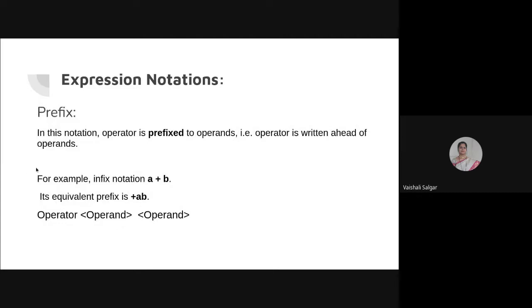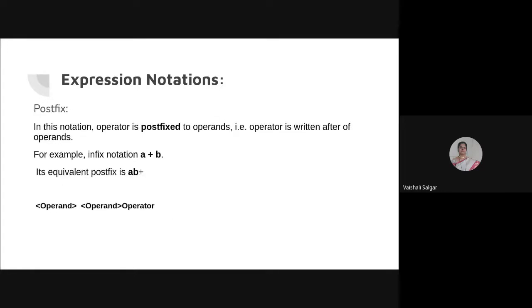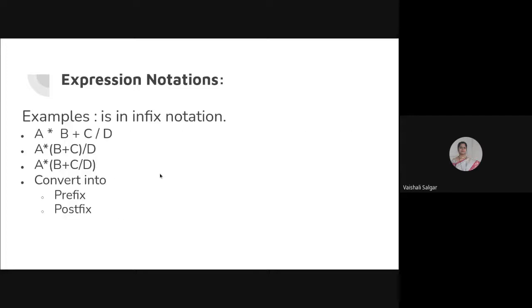In prefix, A plus B is written as plus AB. As the name indicates, pre, it means first we have the operator and then the two operands. And in postfix, as the name indicates, post, first I have the operands and then the operator: operand, operand, and operator. These are the ways of writing expression notation.